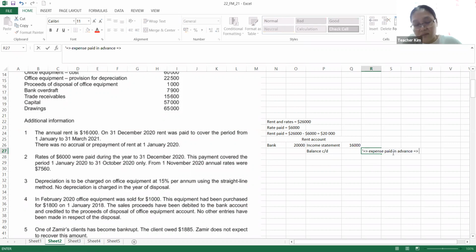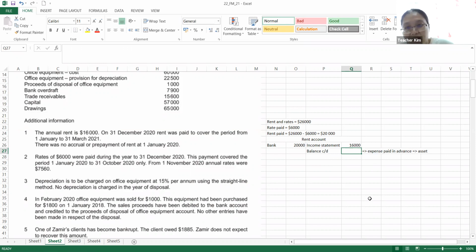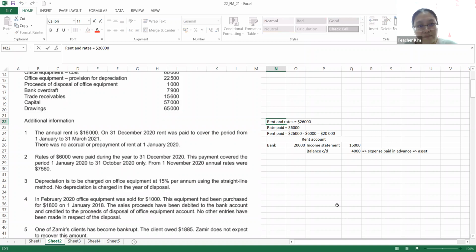So this is our asset. Balance carried down end of the year, asset on the credit side. So this amount, we take this minus this. So this 4,000 we need to deduct from here. Okay, later on only we do the calculation. So this amount we have to minus from here in order to get the actual incurred, because this amount, 16,000, should be recognized.